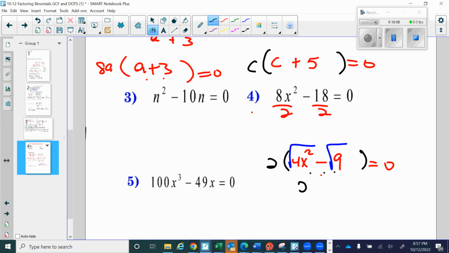One gets a plus sign, one gets a minus sign. But don't forget, you have to bring down this 2, and that 2 goes right there. That's a very interesting one. I'm going to have you try number 5 on your own. Pretty straightforward there. So that's today's lesson, guys. Again, the key is just to practice some of these until you get good at it, okay?